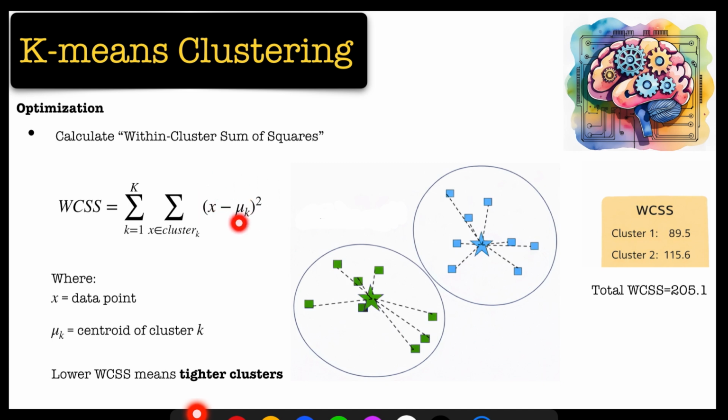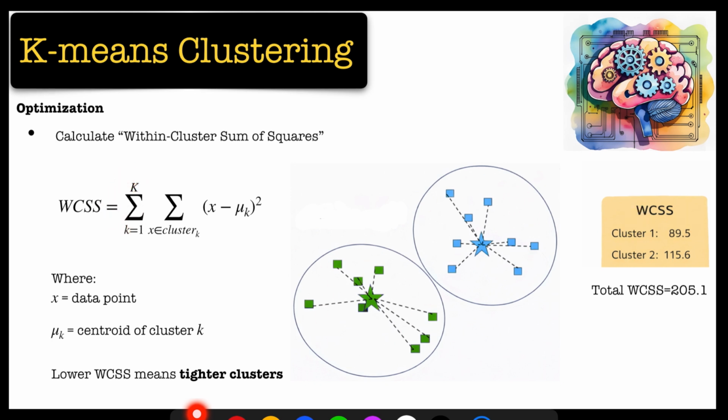This is the squared Euclidean distance of the points and the centroids. So for this cluster, these are the x points. x is the data point, mu k is the centroid of cluster k. For all the points, we are calculating these squared distances within a cluster, right? And then we are summing them up for all the clusters.